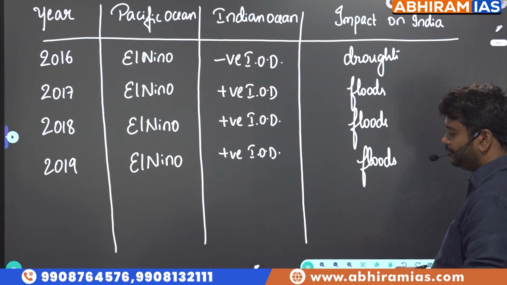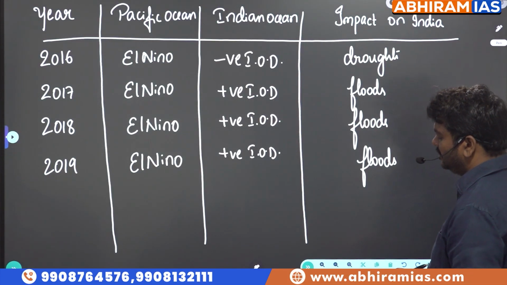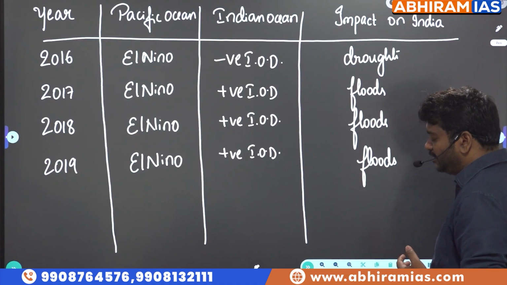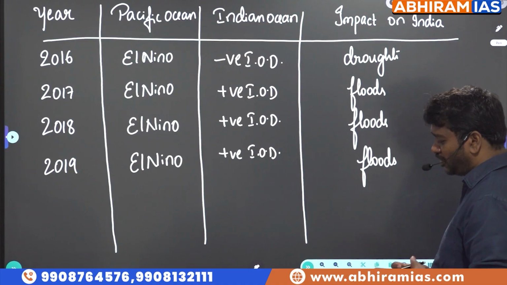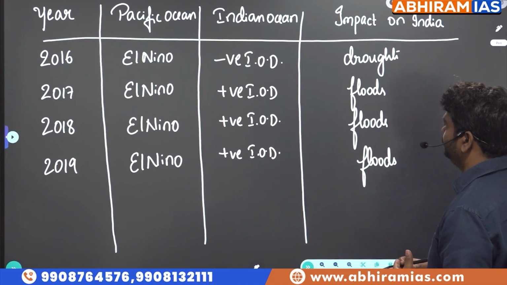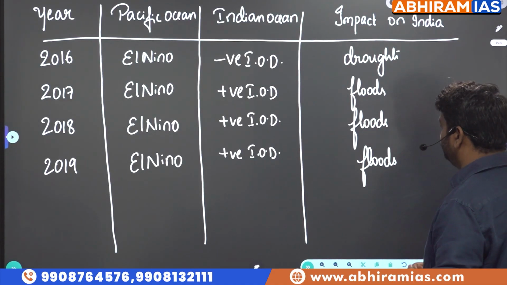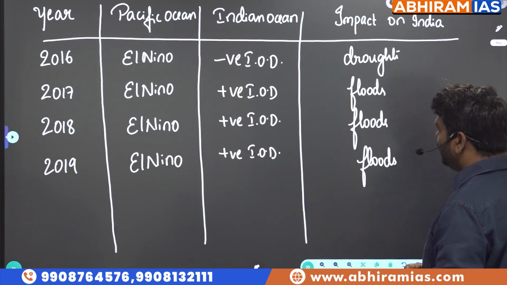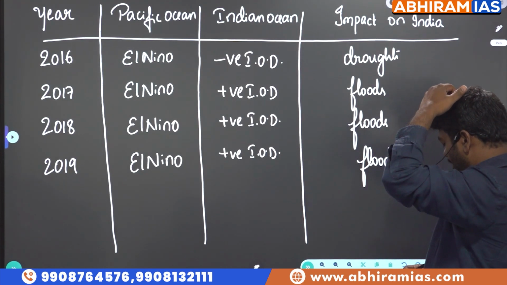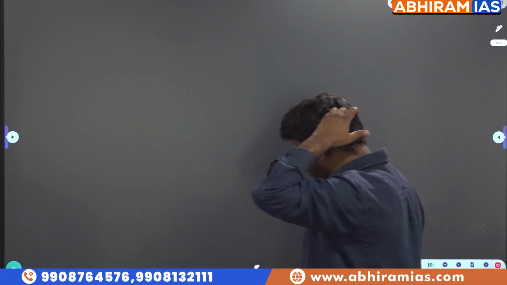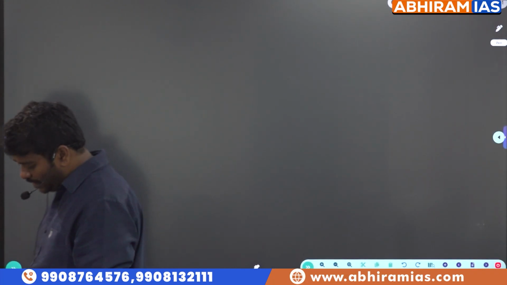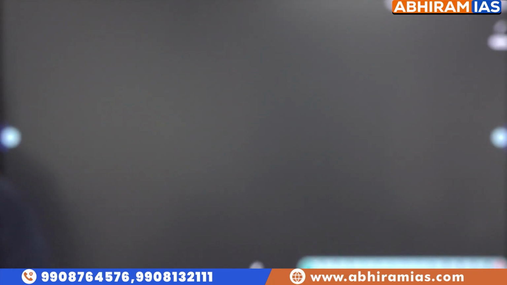Due to this, BOB branch will be stronger. And BOB gives more rainfall in Southeast Asia than India. Fine.